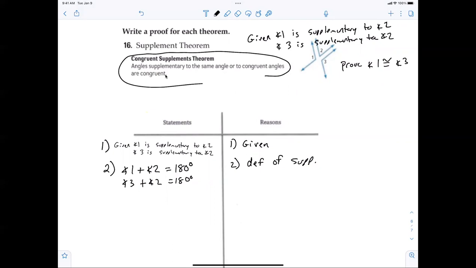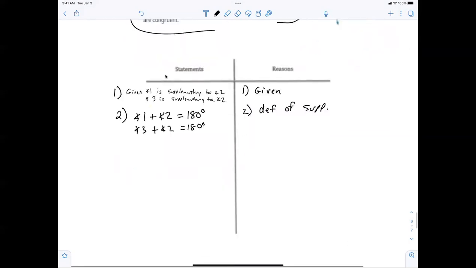So now what's true? Tell me. Couldn't have said it better myself. Angle 1 plus angle 2 equals angle 3 plus angle 2. And what is that?